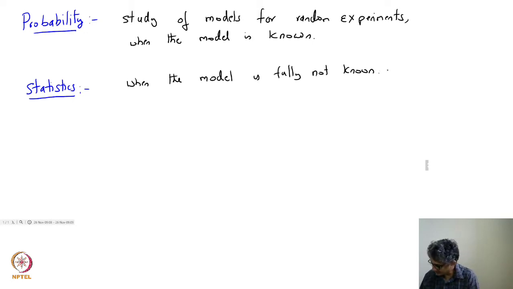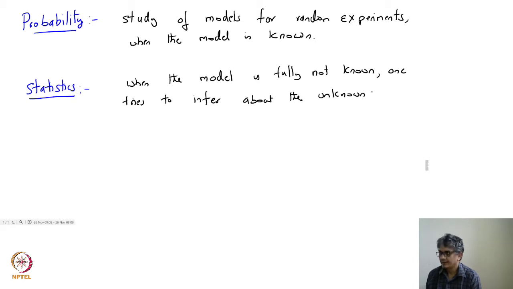So here, when the model is not fully known, one tries to infer aspects about the unknown object based on the outcome of an observed experiment.